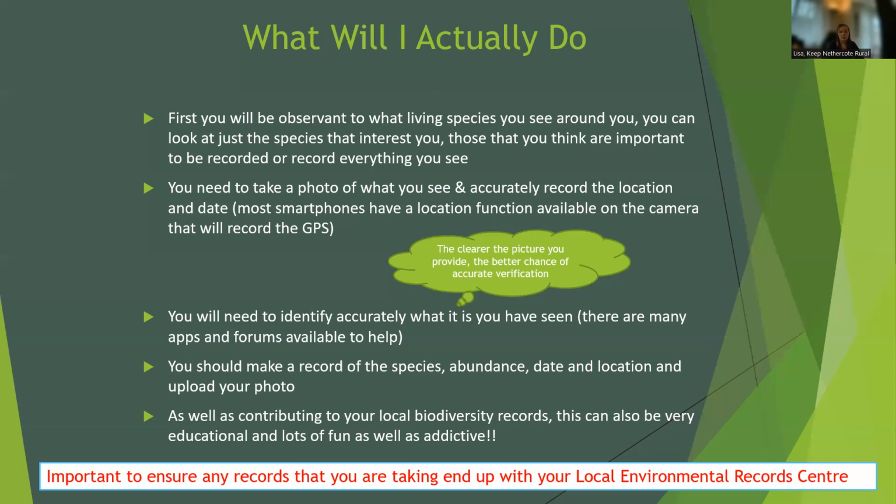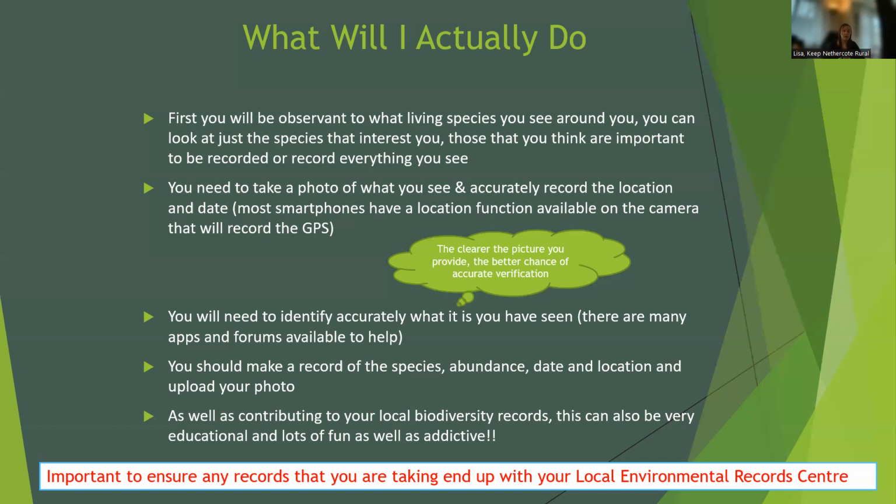So if it's not a species you're confident with, once you've used the app to get an idea, I would suggest you check it in field guides to make sure that it's accurate. Your ID will be verified by an expert, but the better your records are, the more willing the verifiers are to spend their time, because that's all done voluntarily.